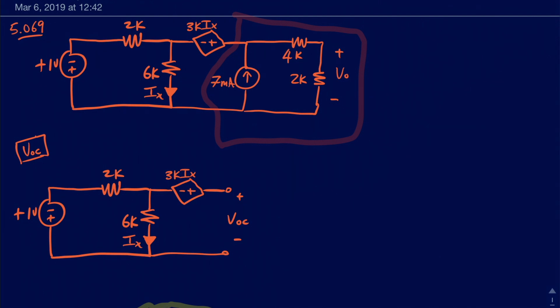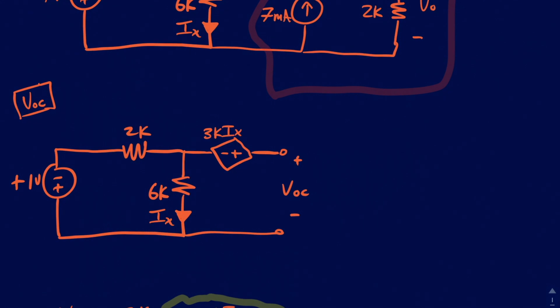So I verified that the answers are right, so let's see what we have to do. If we try to find VOC, the big thing that you need to pay attention to is that the only current flowing through this is IX, and IX is pretty easy to find. You can just say IX is going to be equal to that voltage source.